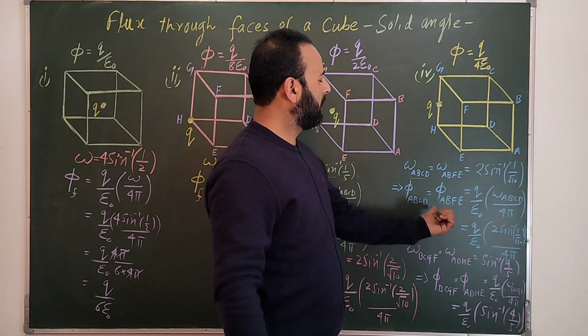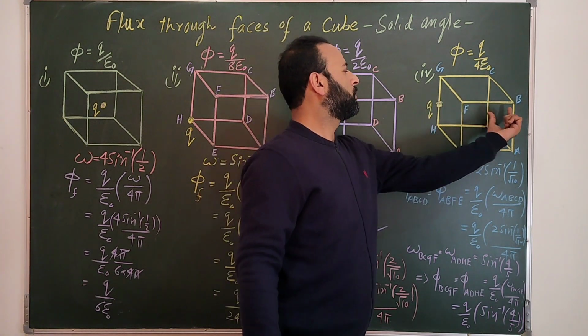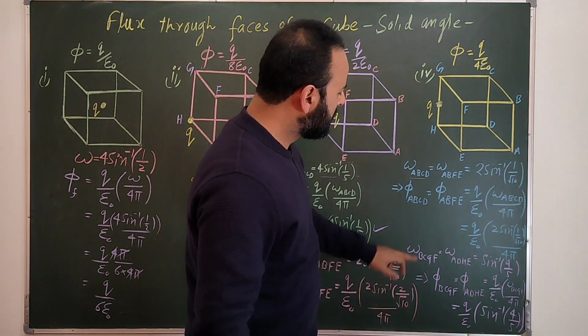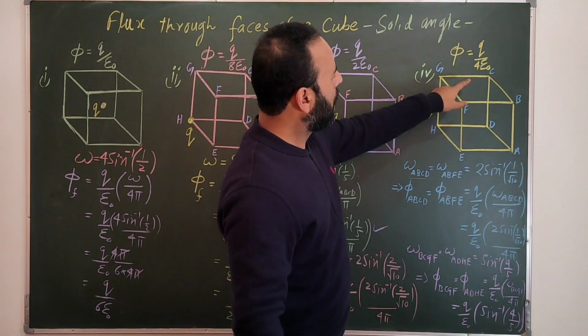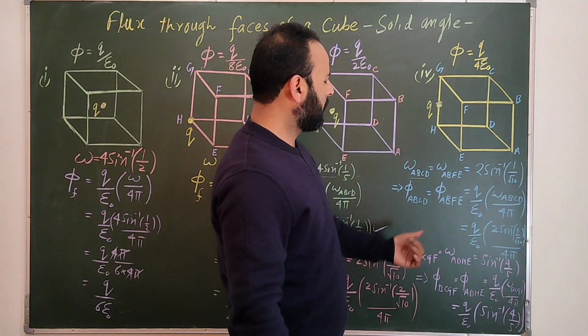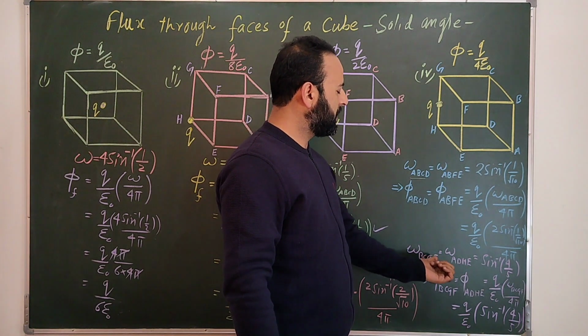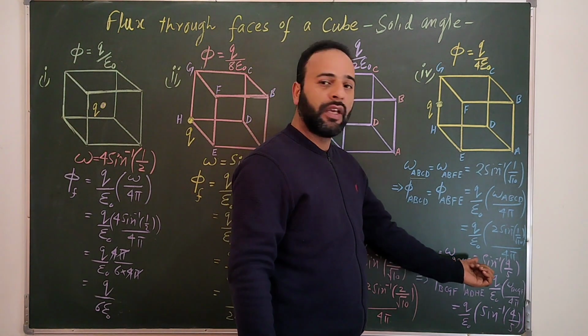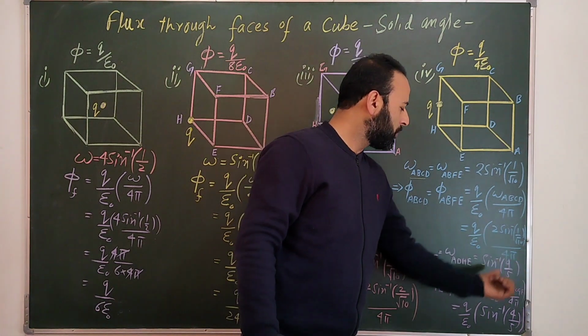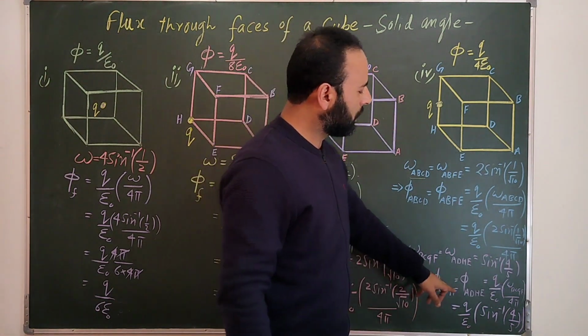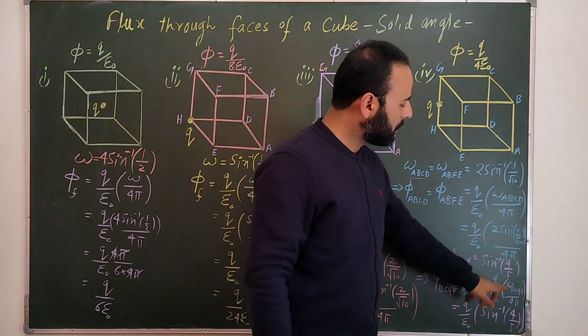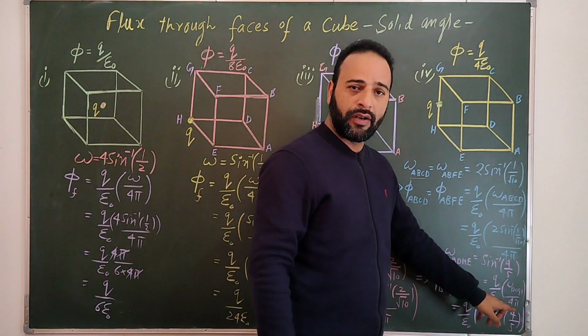So you can multiply this by 2 to calculate the flux through these two faces. Similarly, the flux through the top face and the bottom face can be calculated by knowing the solid angle is omega BCGF is equal to omega ADHE, that is equal to sine inverse 4 by 5, right? So then flux through these faces is Q by epsilon naught solid angle subtended divided by 4 pi.